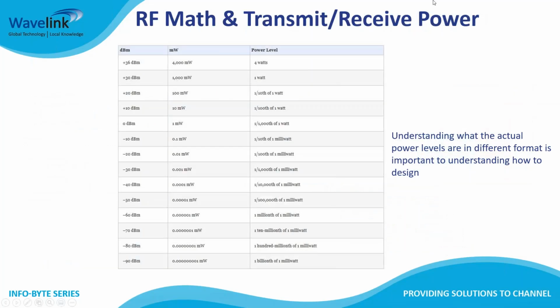In terms of RF math itself, we're looking at the different terminologies here as well: dBm, decibel to milliwatt, and power levels. Those that do Wi-Fi design all the time, some of this might not be new to you, but some of it might be. As you can see here, as we go down the sliding scale, we're only transmitting at very, very low power.